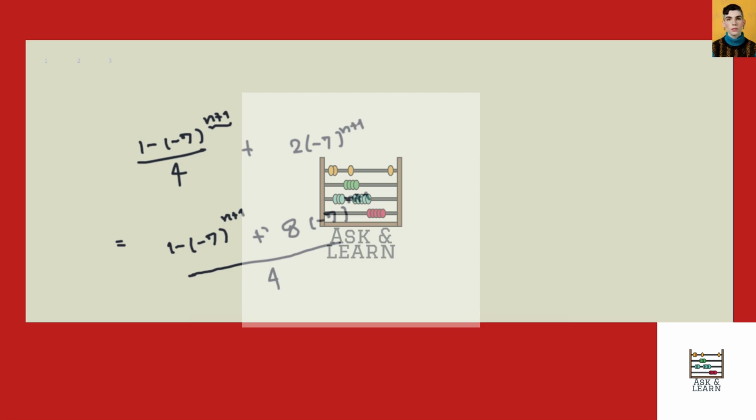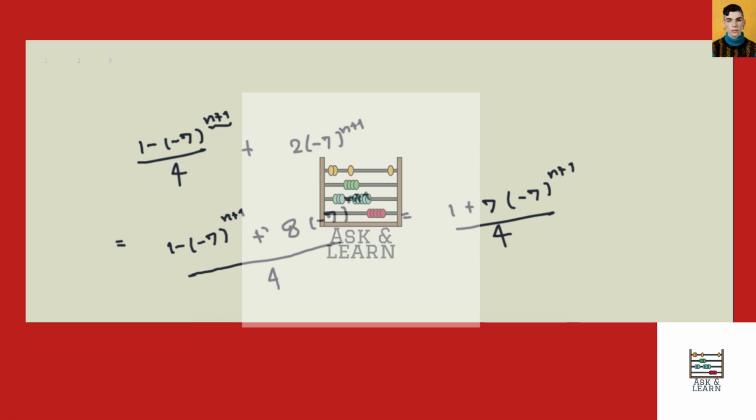When we do this, we can see that minus 1 and plus 8 together will be plus 7, right? Of that term, the same term, over 4.